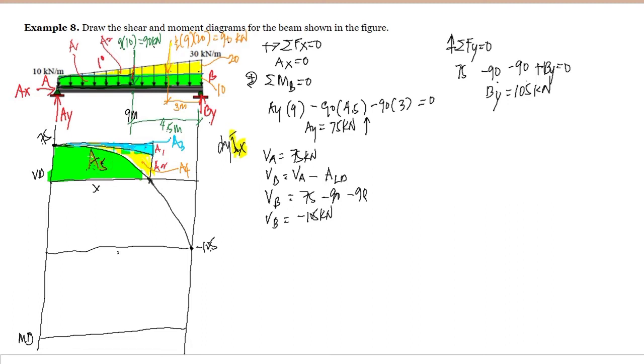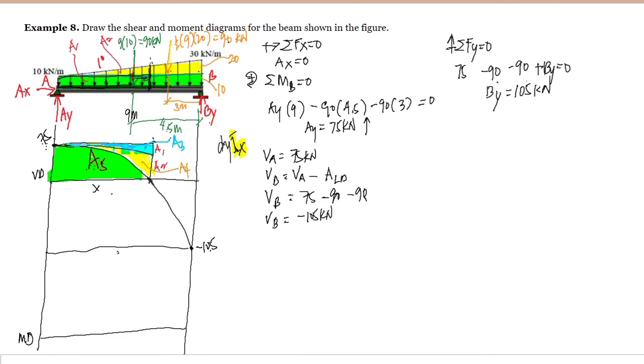Mas madaling gamitin yung shear and moment function kesa dito sa area method. Kailangan nating makuha itong value ng x, kasi since alam natin na this is 75, in solving for the value of x, magsisimula tayo dito sa area 1.